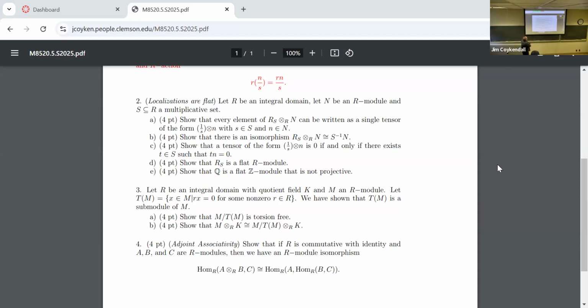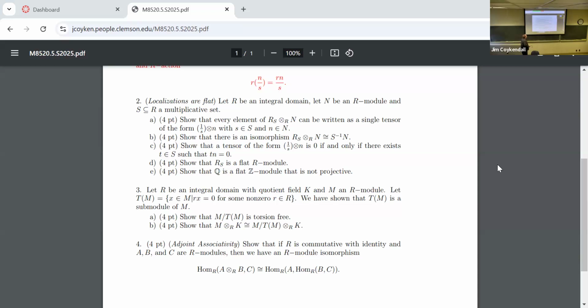Number B: show that there's an isomorphism between R_S tensor over R of N and S inverse N. Sometimes they call this extension of scalars. If you take N and tensor it over R with R localized at S, you're sort of allowing fractions in your module.